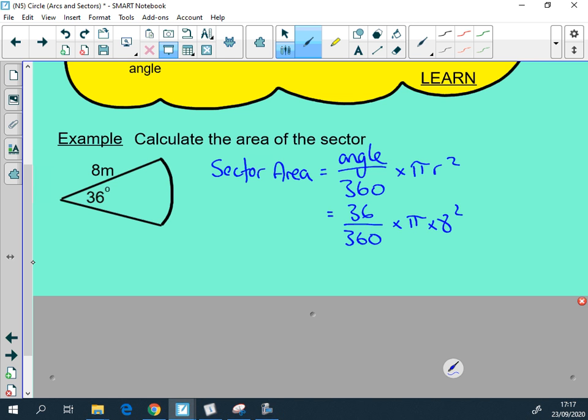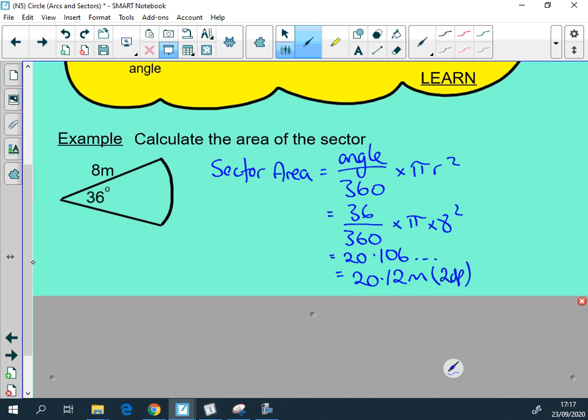So in the calculator, I'm going to do 36 divided by 360 times pi times 8 squared. And that comes out as 20.12, and I've rounded that to 2 decimal places.